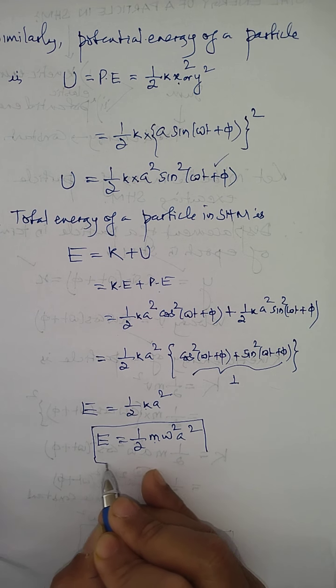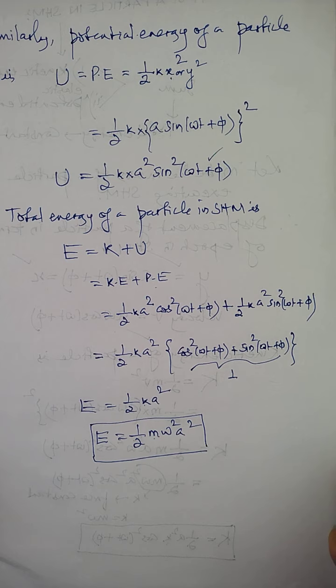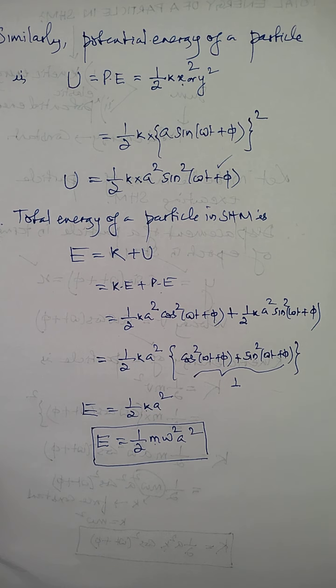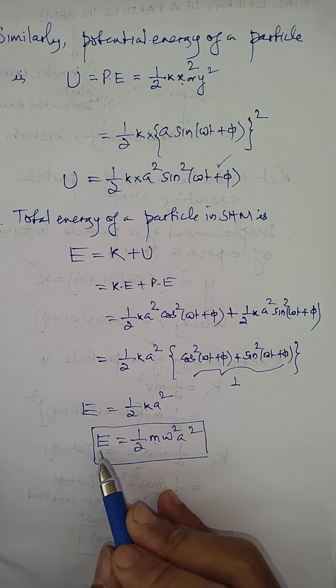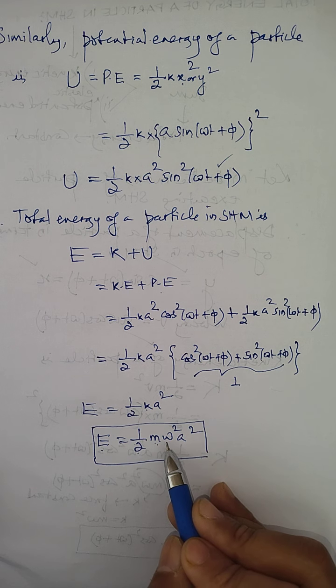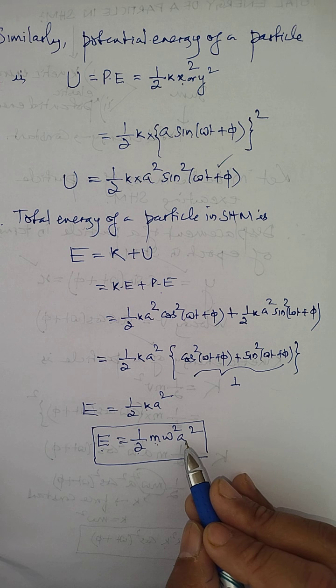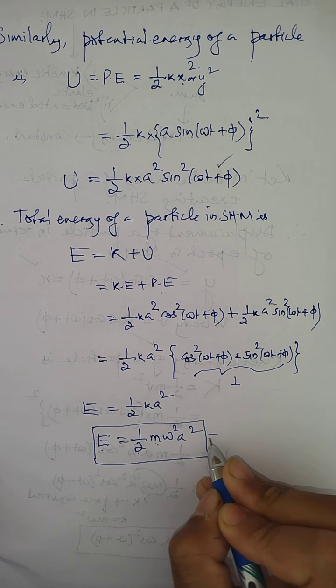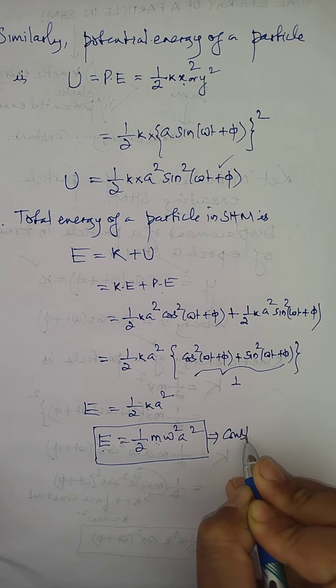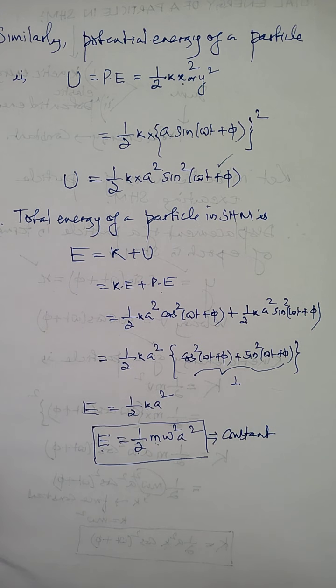Now see the expression of the total energy. The total energy of the particle in simple harmonic motion at any position is given by E equals half m omega square A square. In the expression, m is constant, A is constant, omega is constant, which means the total energy always remains constant or conserved.